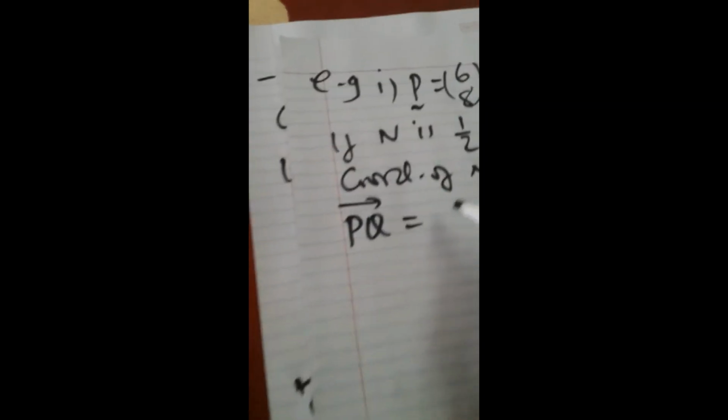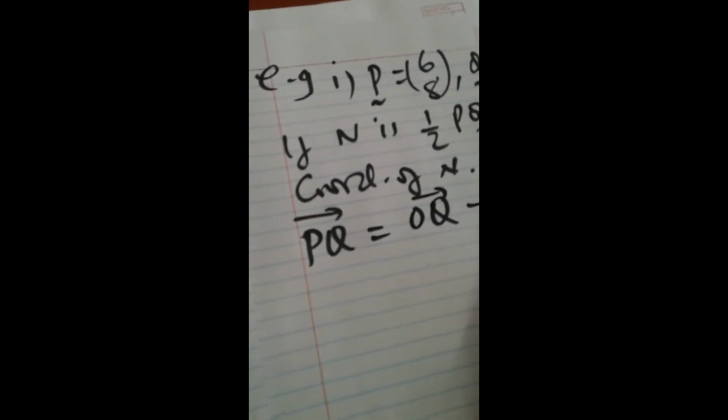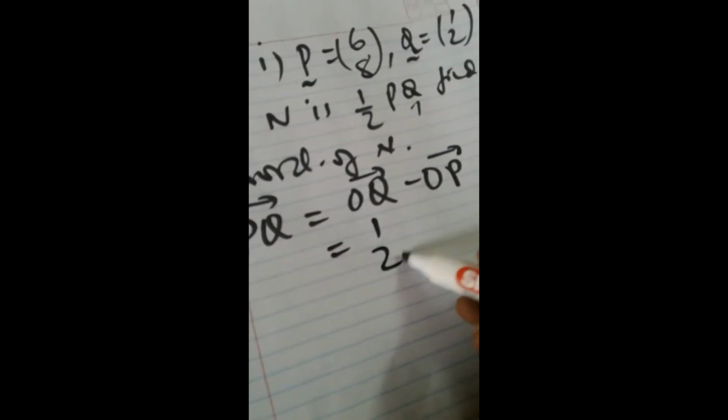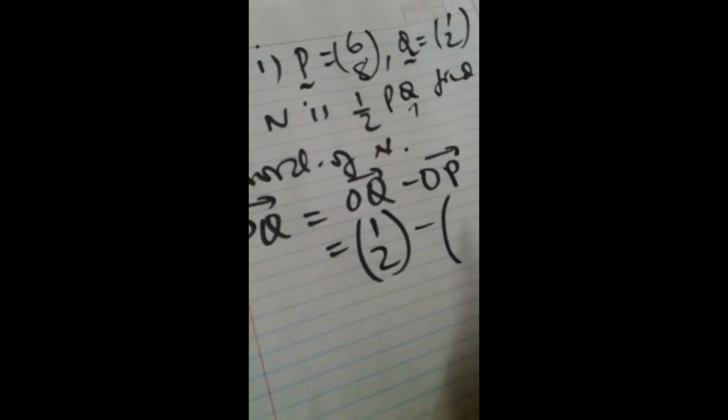And don't confuse vectors with matrices. When they say PQ in vectors, that is OQ minus OP. OQ is (1, 2) minus OP (6, 8), which gives (negative 5, negative 6).